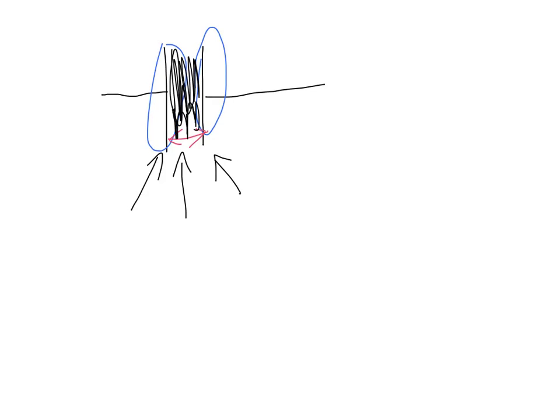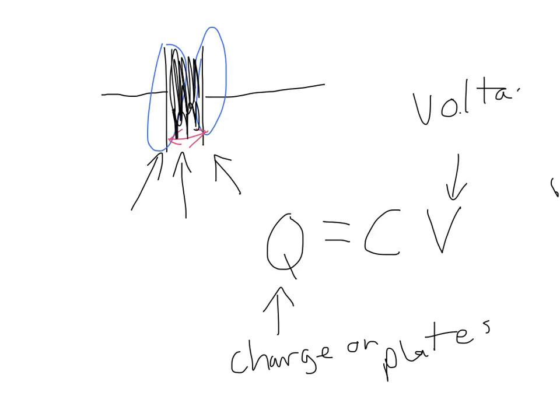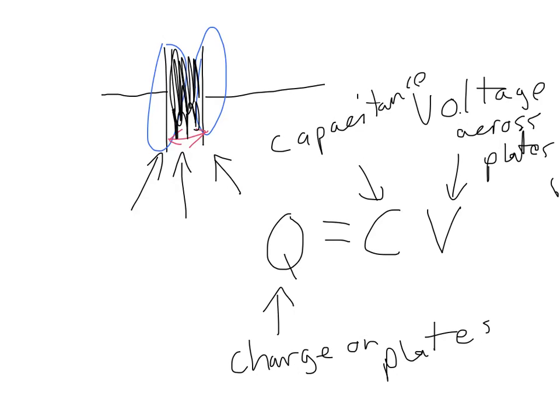So remember, this is an equation I talked about in class, that describes the relationship between the charge on the plates of the capacitor, the voltage across the plates of the capacitor, and the value of the capacitance of the capacitor itself. Okay, so this is a really useful equation for us. You could rewrite it as C is equal to Q divided by V.